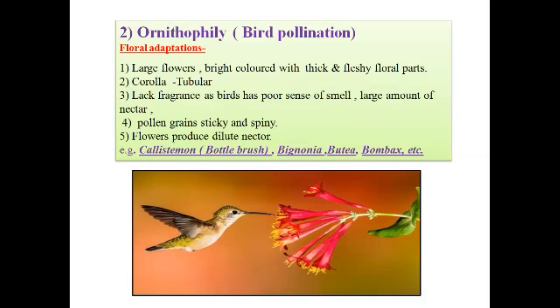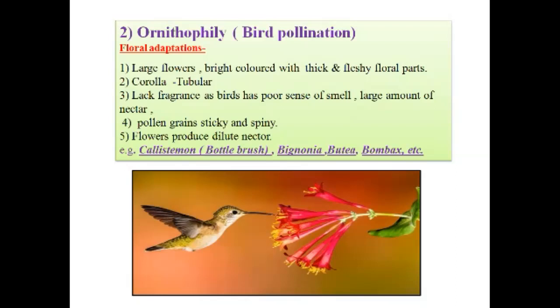The floral parts are thick and fleshy. The corolla is tubular, tube-like. They lack fragrance because birds have a poor sense of smell. They produce a large amount of nectar and pollen grains. Pollen grains are sticky and spiny.